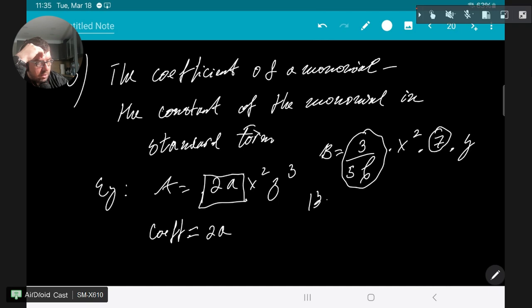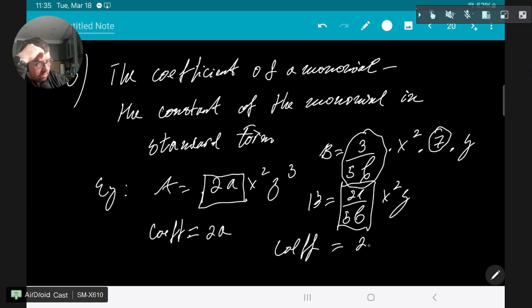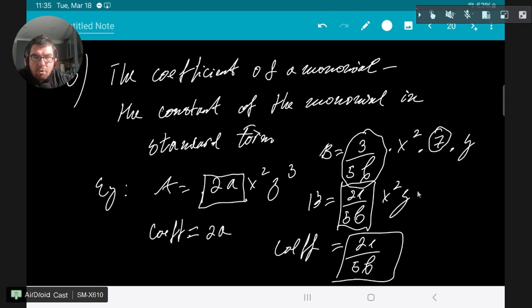So it equals 21 over 5b x squared y, and then this is going to be the coefficient. So the coefficient is equal to 21 over 5b, and so on and so forth. Makes sense? It's just the constant in front of the expression after you write it in standard form.